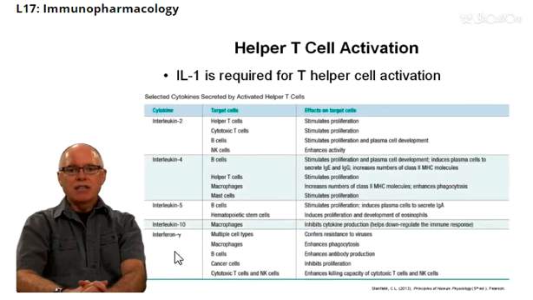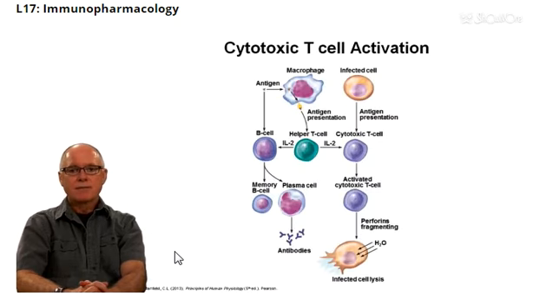Activation of helper T cells can result in the release of several cytokines that activate other T cells, B cells, macrophages, mast cells, NK cells, and hematopoietic stem cells. Cytotoxic T cells have the ability to kill when they become activated. Two events have to occur in order for this to happen. Number one, the cytotoxic cell has to bind with MHC1 antigen complex on the surface of infected cells.